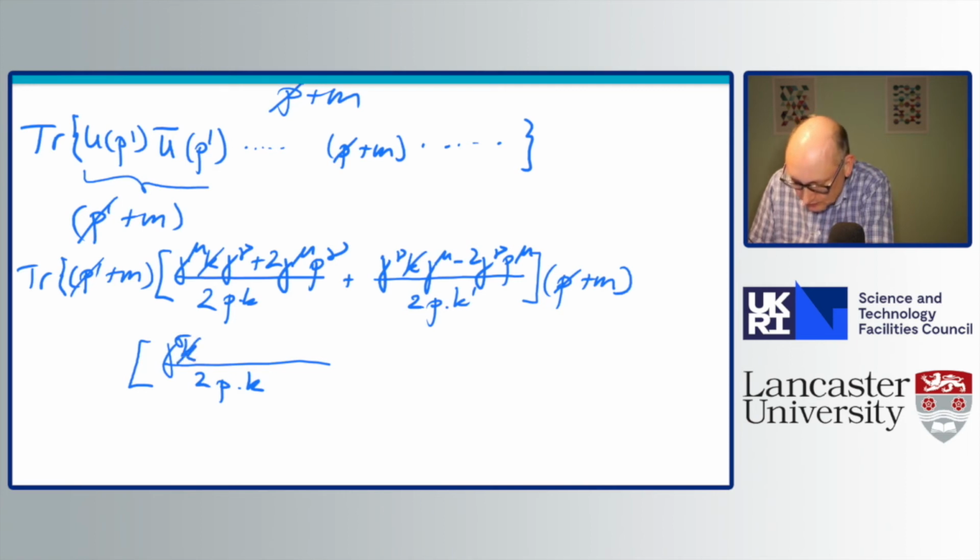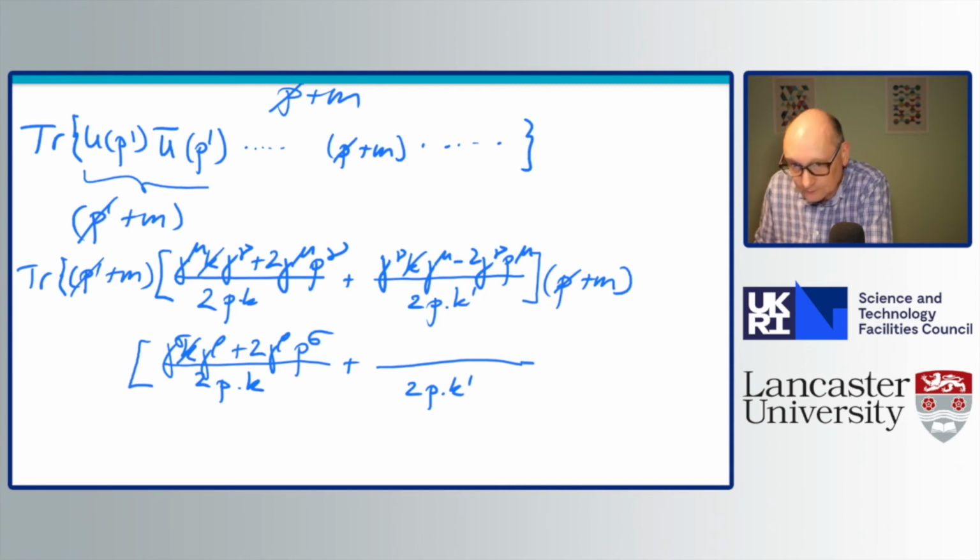Then k slash gamma rho plus 2 gamma rho p sigma over 2p dot k, plus gamma rho k prime slash gamma sigma minus 2 gamma sigma p rho over 2p dot k prime, like so.